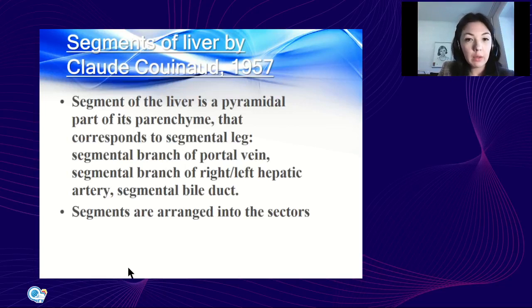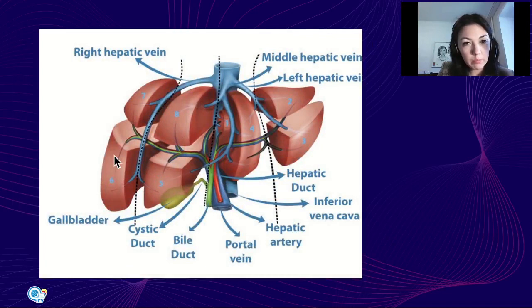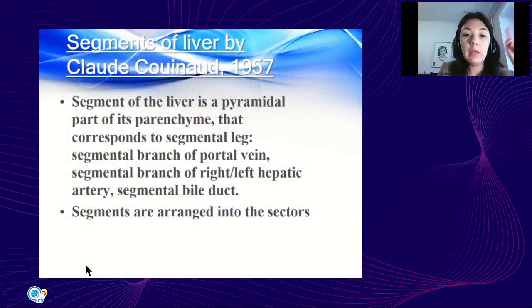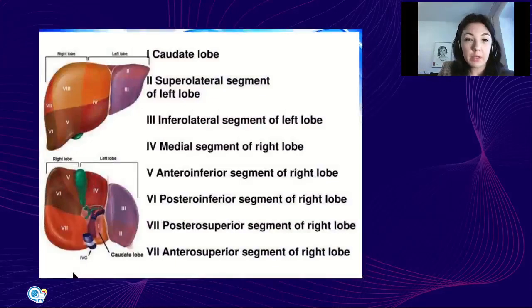What I was showing you, this thing together: segmental artery, segmental vein and segmental bile duct, it is the segmental leg. Segmental branch of the portal vein, segmental branch of the right or left hepatic artery, and segmental bile duct. Segments are arranged into sectors.